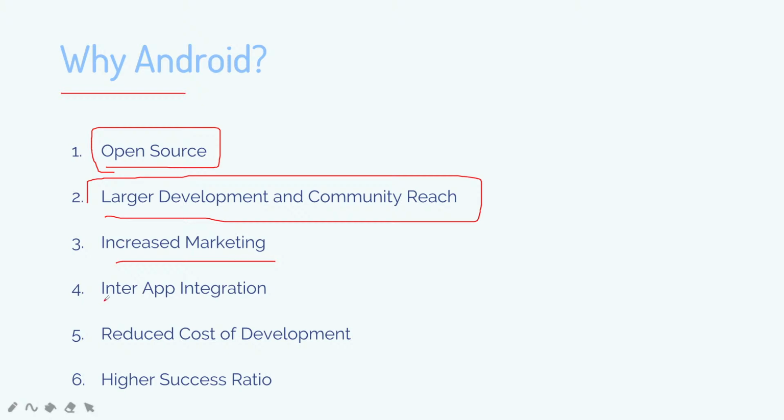We have app integration, so we can integrate third party apps as first party apps. Also reduced cost of development and higher success ratio. So these are the reasons we use Android.